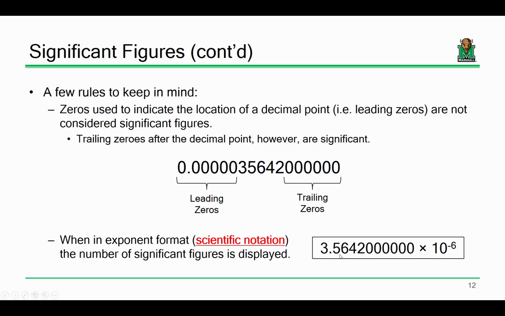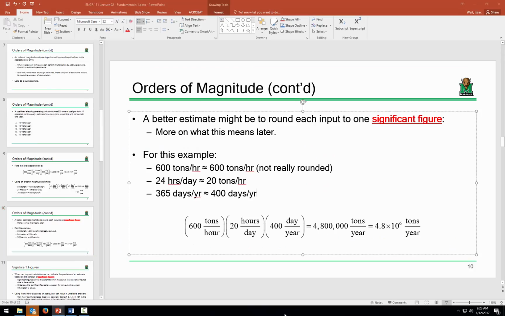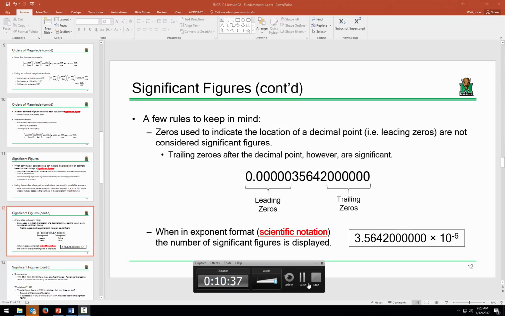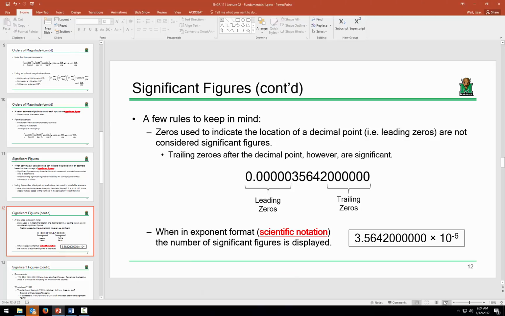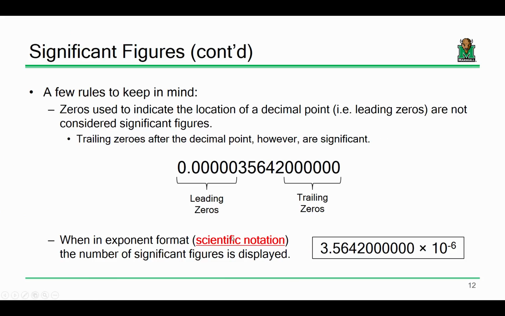Now in exponential notation, this same number expressed in scientific notation, all these extra zeros are implying that you're able to measure the thing to that much accuracy. So here there's 1, 2, 3, 4, 5, 6, 7, 8, 9, 10, 11 significant figures.